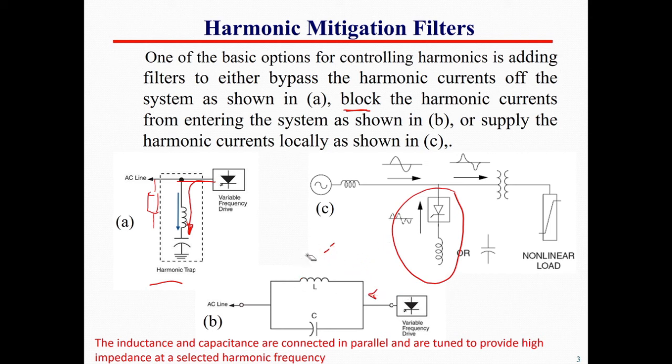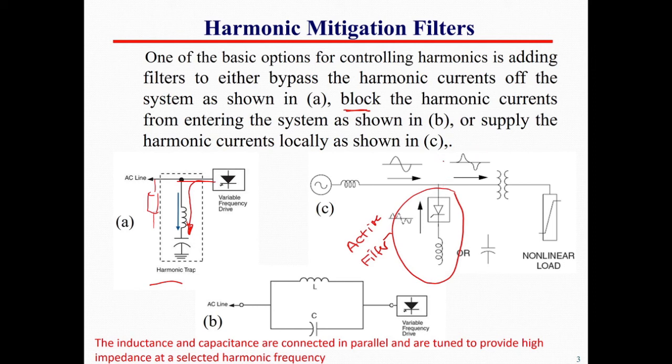What we have over here is an electronic device that will inject harmonic into the system. Since we are using electronic devices, the filter we call it active. So this filter is called active filter. And again, that will inject harmonic in the system.